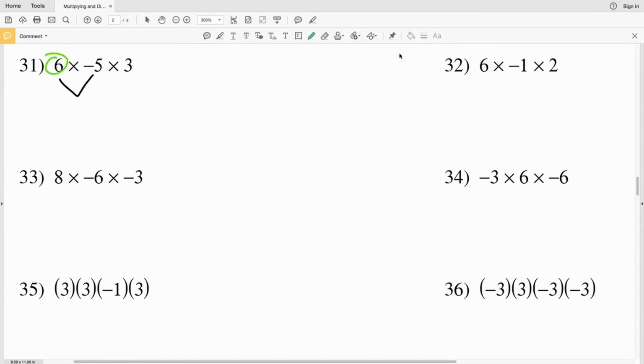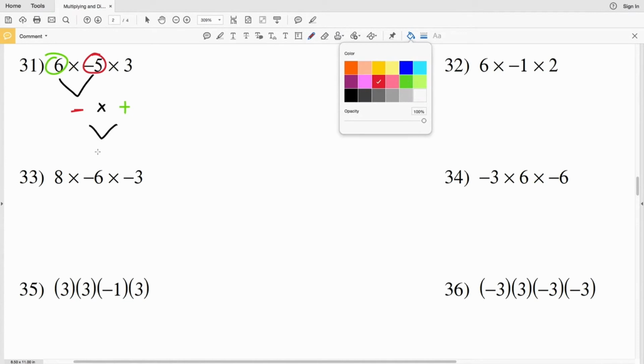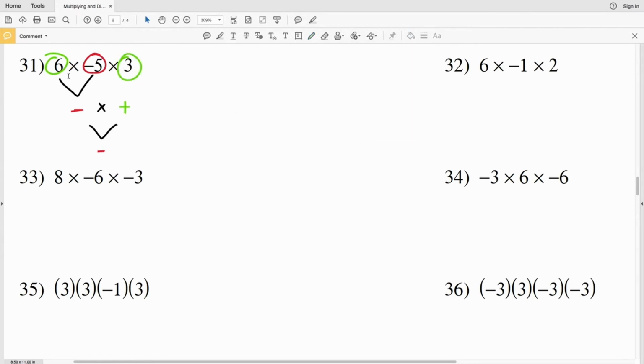A positive times a negative results in a negative. And we're left with multiplying that negative number by a positive. And a negative times a positive will give us a negative. So a positive times a negative times a positive results in a negative.